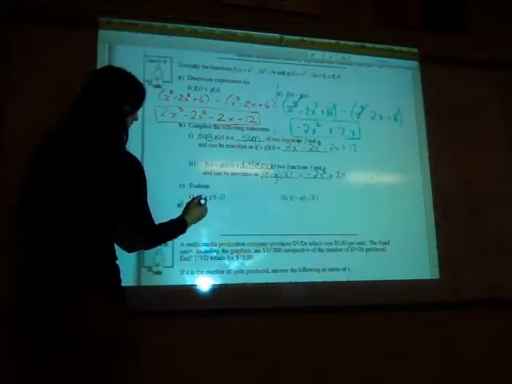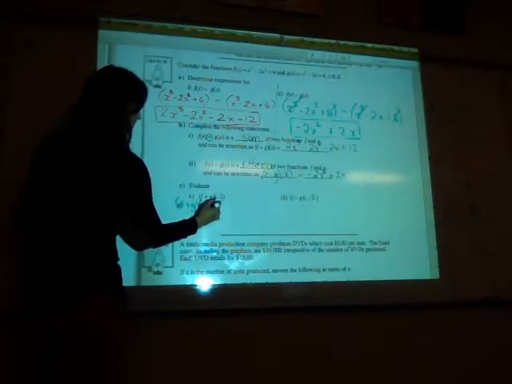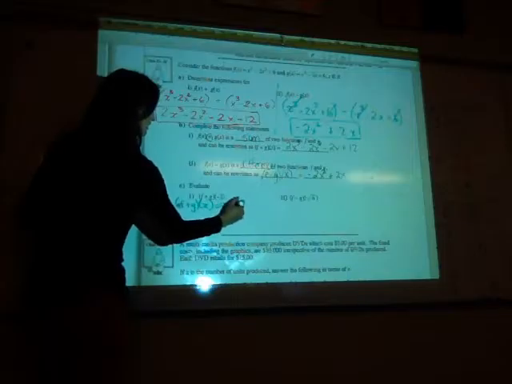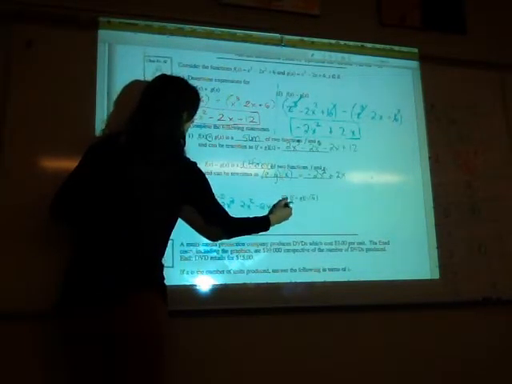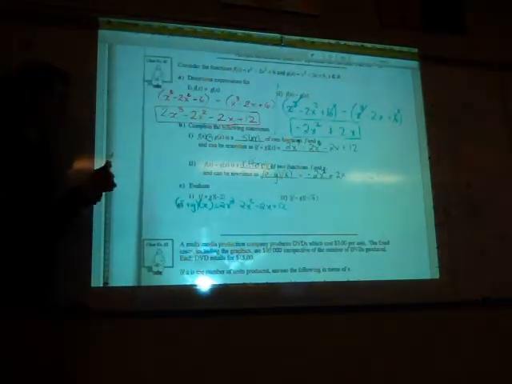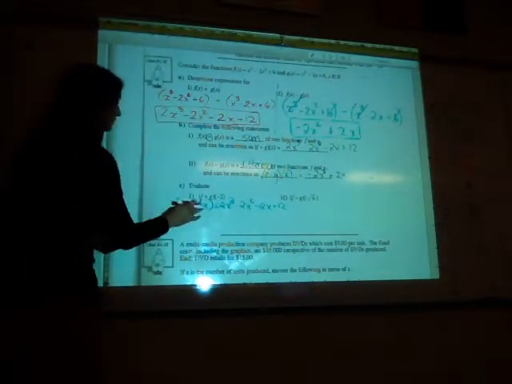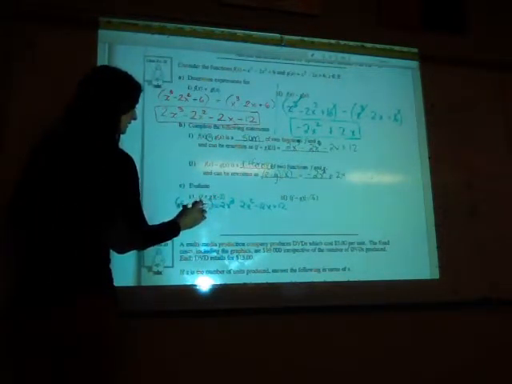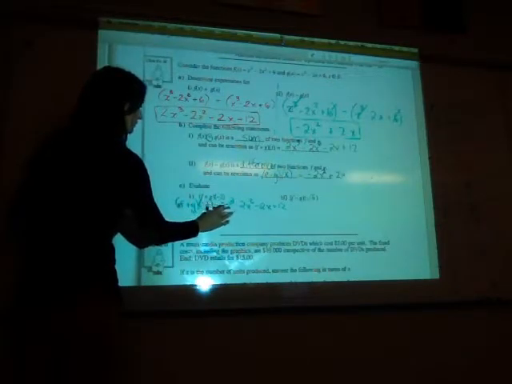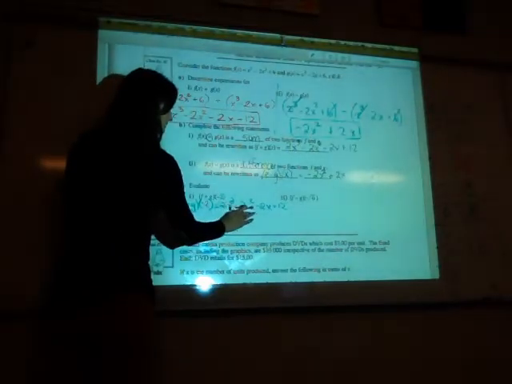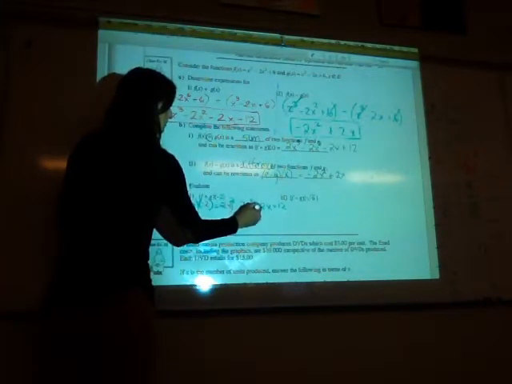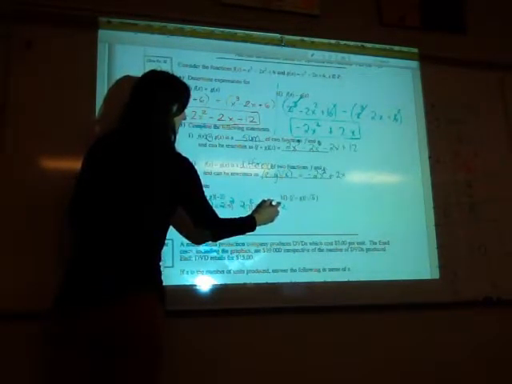So as a reminder, f plus g of x was equal to 2x cubed minus 2x squared minus 2x plus 12. We are going to replace the x with a negative 2. So I'm just going to erase the x here and put negative 2. Don't forget to use brackets.